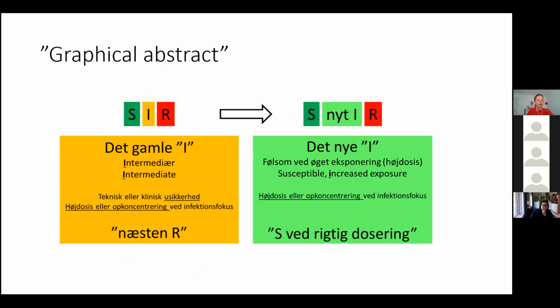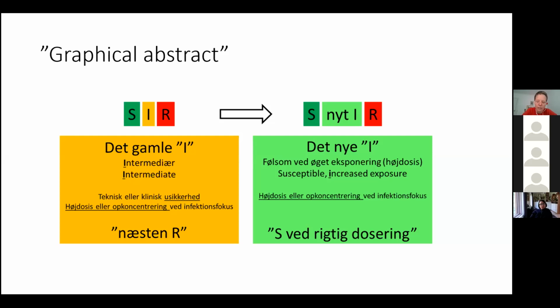First of all, we developed what I call here a graphical abstract, showing what the new I is about, where we use colors, the shift from the old I with the color orange, close to R, to the new I in the color light green, close to S. We stressed that the old I, the gamle I, comprised several different things, and the clinician, and actually also the clinical microbiologist, would often not be sure what kind of I it was.